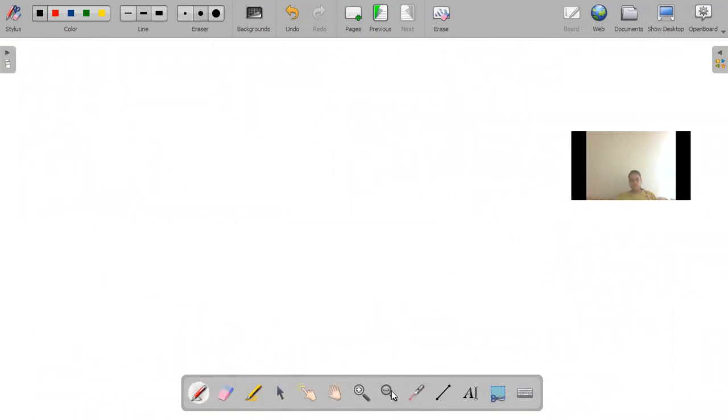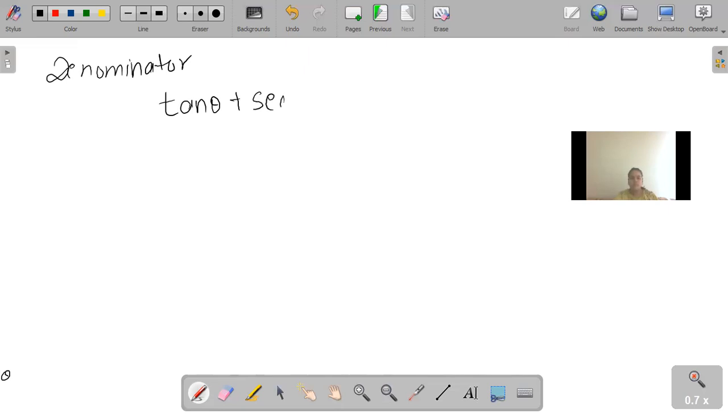The denominator is tan theta plus sec theta. How many lines do I leave to write this? Because I'll have to leave lines, right? So to know that the denominator's part started.